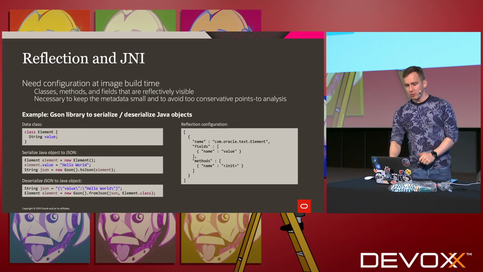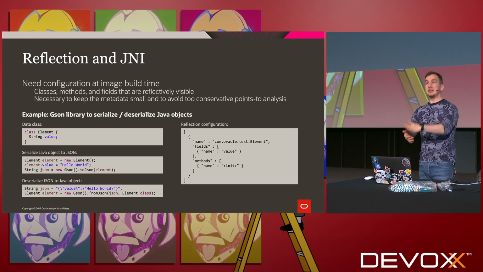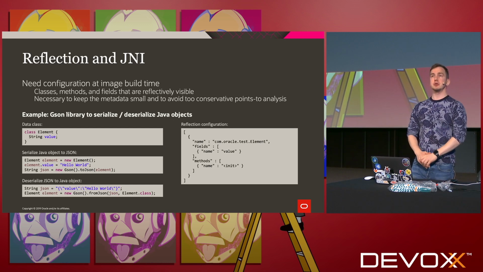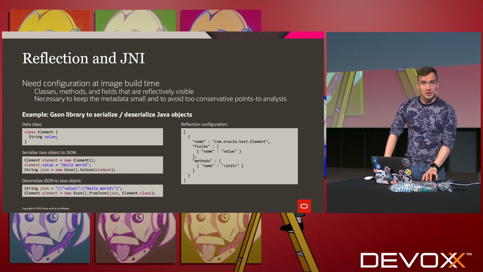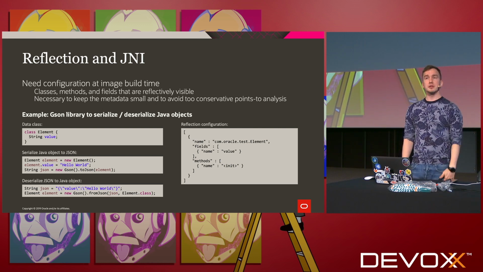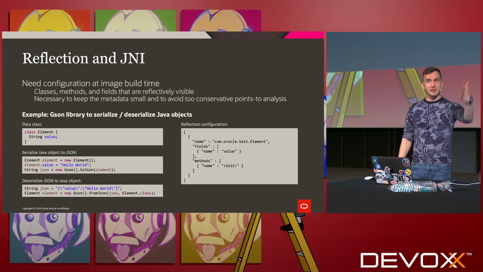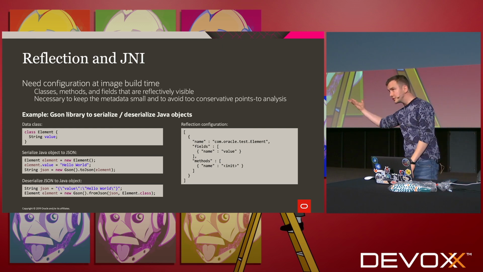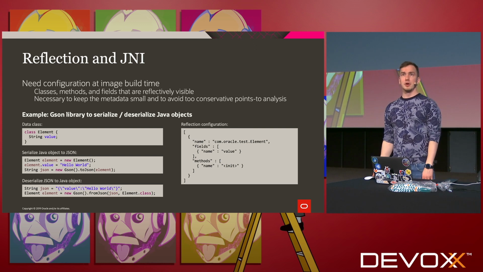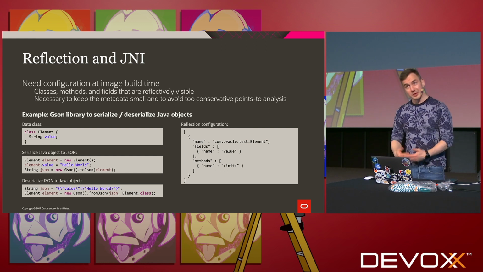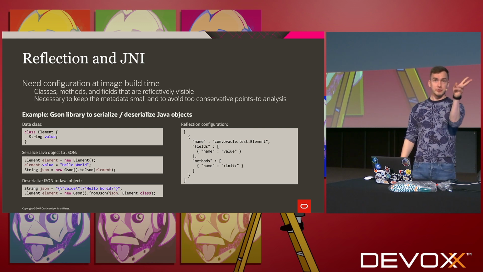Right. So what else? It embraces dynamic features, which cannot be figured out statically. For example, reflection. Some people tell me that reflection doesn't work on GraalVM, that GraalVM doesn't support reflection. I hope none of you will be such people, because GraalVM supports reflection very well. For two reasons.